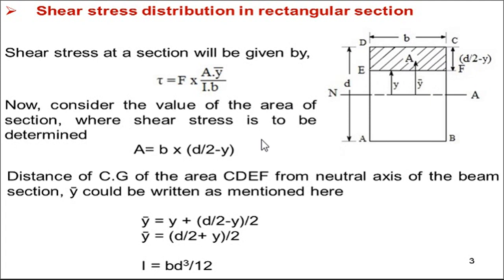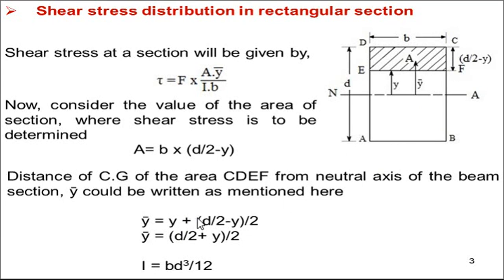Now the distance of the CG of the area CDEF from the neutral axis. What will be the distance of that shaded area from the neutral axis? It is y bar, and that can be determined as y bar is equal to y plus, this distance D by 2 minus y, half of that.